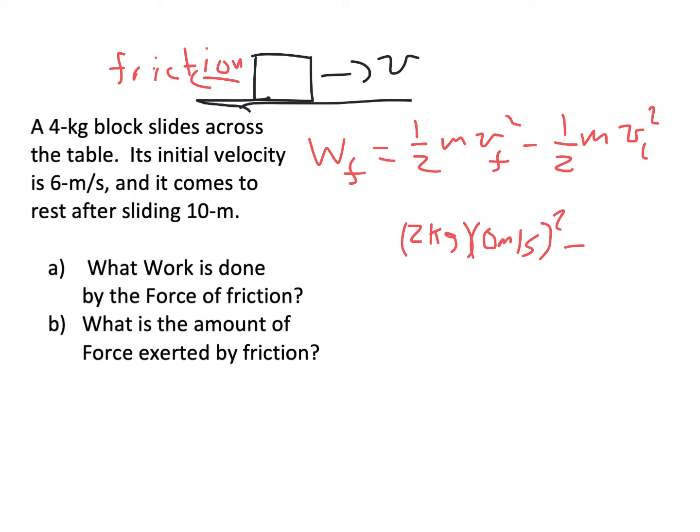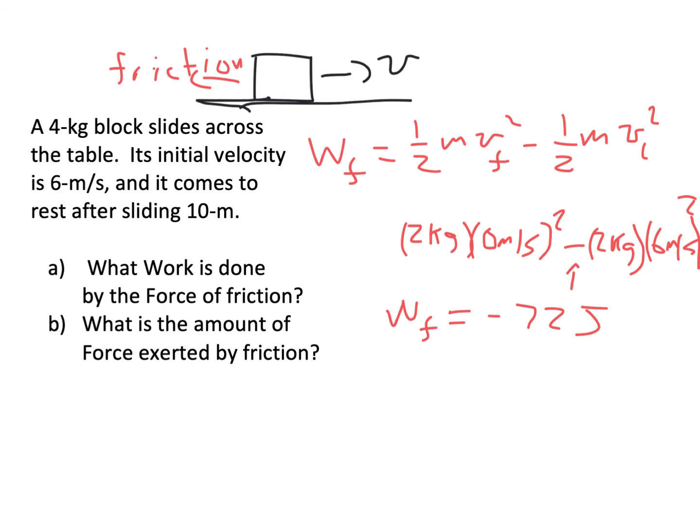But then that's going to be minus 2 kilograms, remember, 1/2 of 4 gives me 2, times 6 meters per second squared. And what does that give me? 6 squared is 36, times 2 is 72. And it's minus here, so I get that the work done by friction is equal to minus 72 joules.